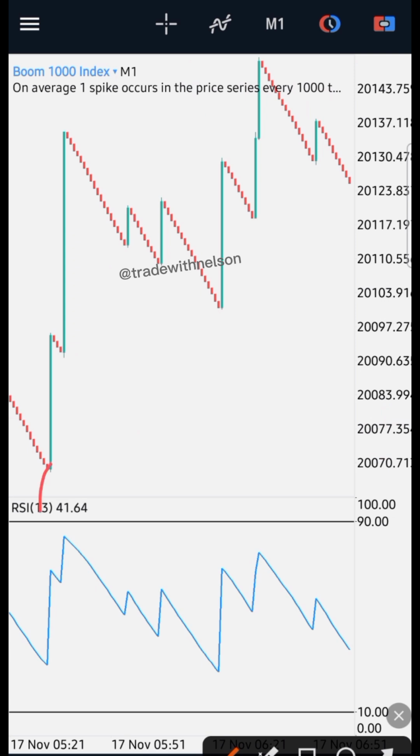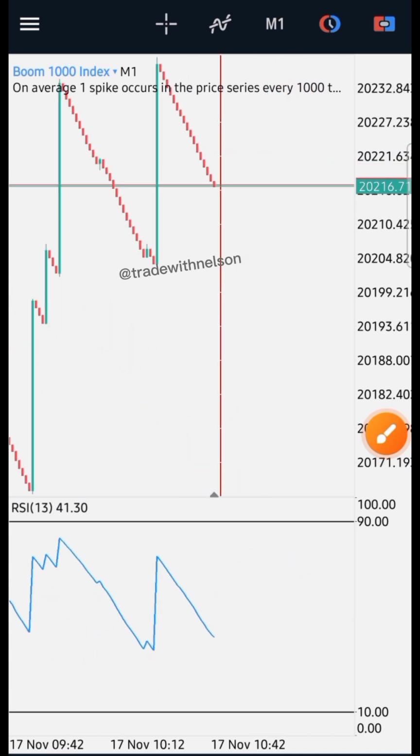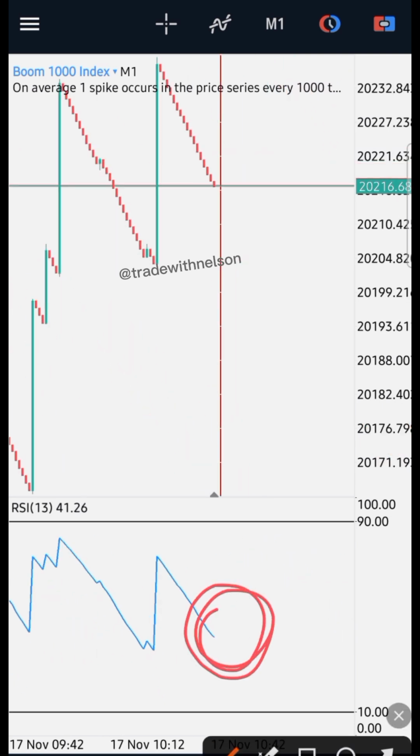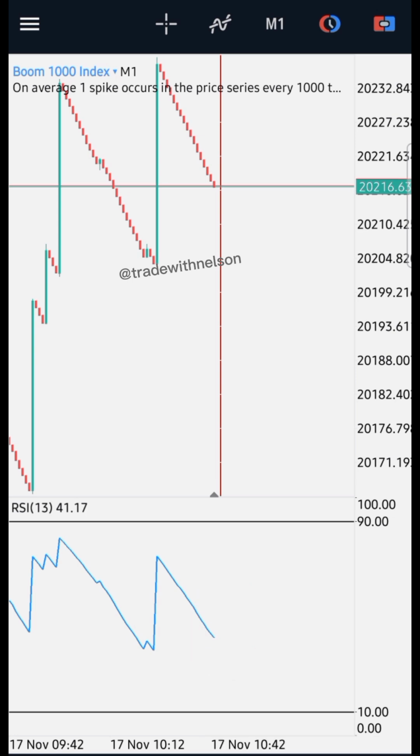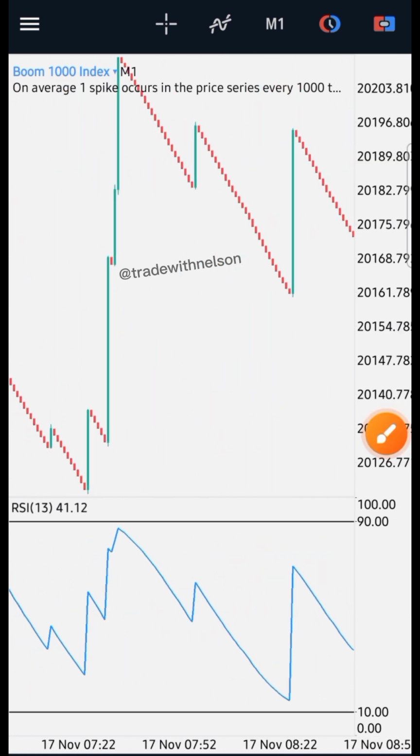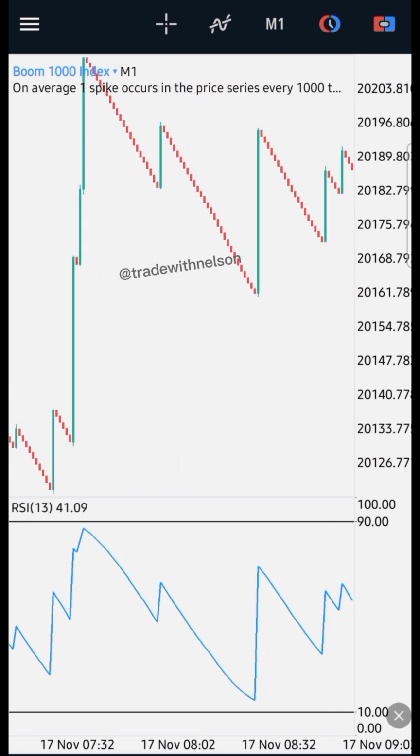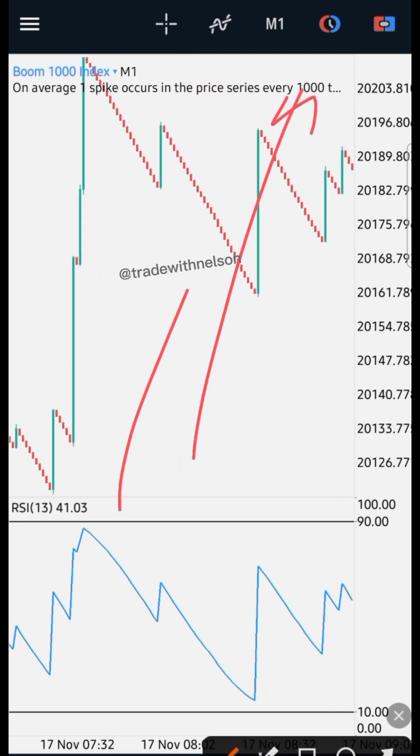If we look closely at this number beside the RSI here, you will see that the number is changing: 41.44, 41.37. This number shows the current position of the line, the market, in the RSI. Since we are buying on the boom market, we all know that the boom market spikes to the upside and the crash market spikes to the downside.